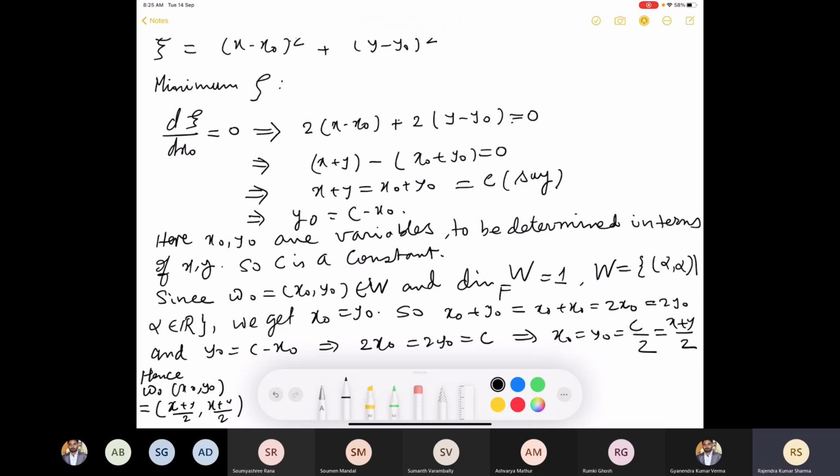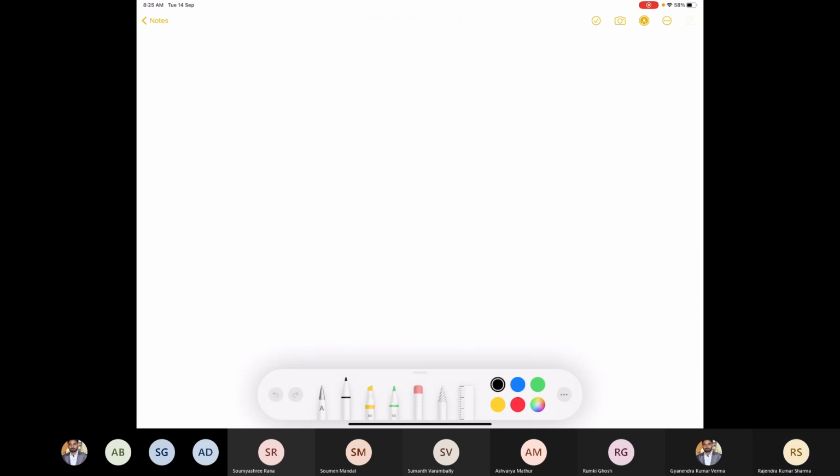We can verify also the given condition that this is actually the best approximation. So w naught is here what we have, (x plus y) by 2, (x plus y) by 2 in w.